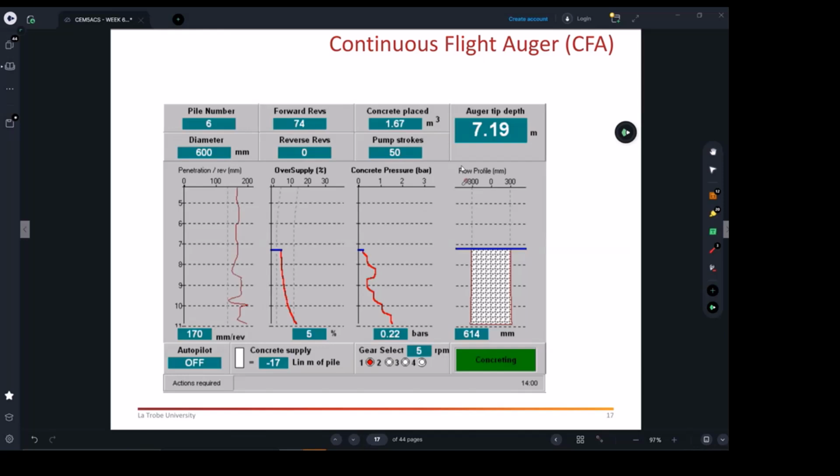So this is what the monitor really gives the concreters and the piling contractor, but you would be understanding what they are saying as well to make sure the final design is achieved, right? And the main properties you're going to be looking after is the diameter. The pressure was always on to the end tip, and the depth. These are the key parameters you would observe. The depth of the pile is above what was intended in the design.